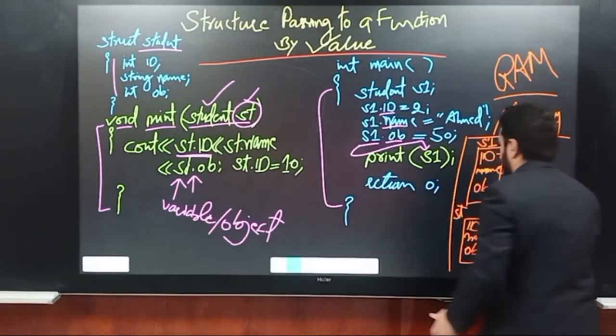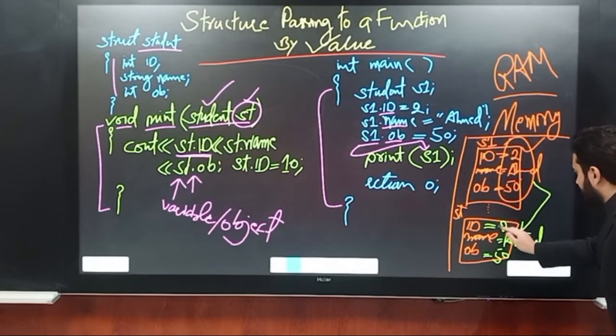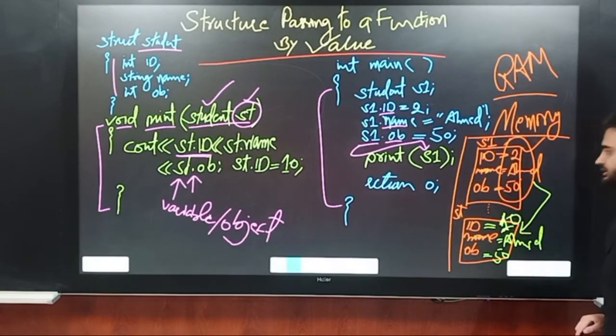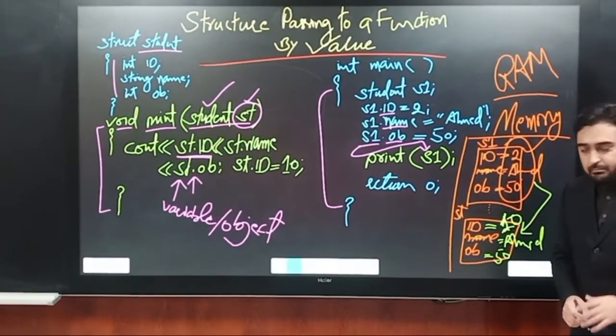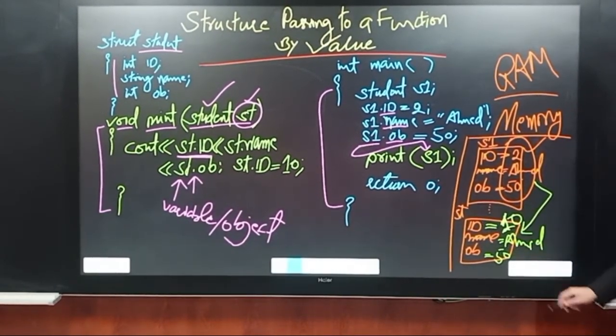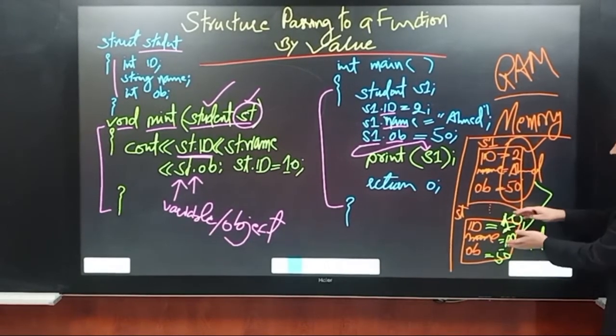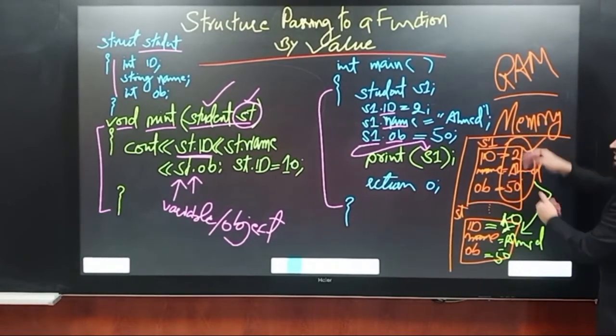So you will see a change here in the ST object, while 2 will be replaced with 10. So similarly, you can change the value of other variables or data members of the ST object, okay? And that will have no effect on the S1 object.